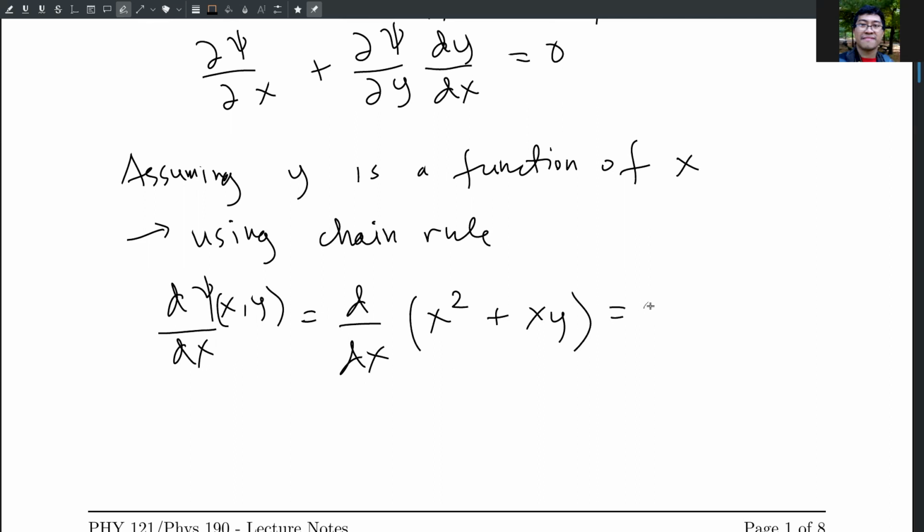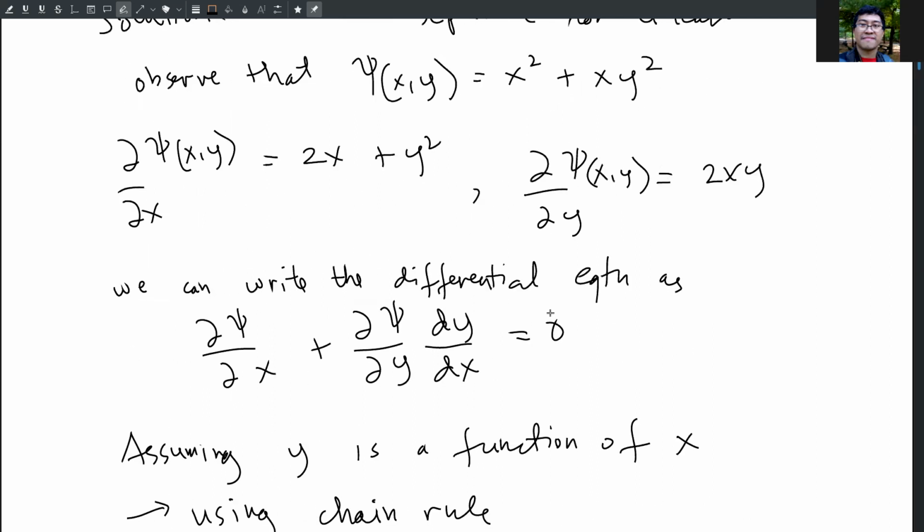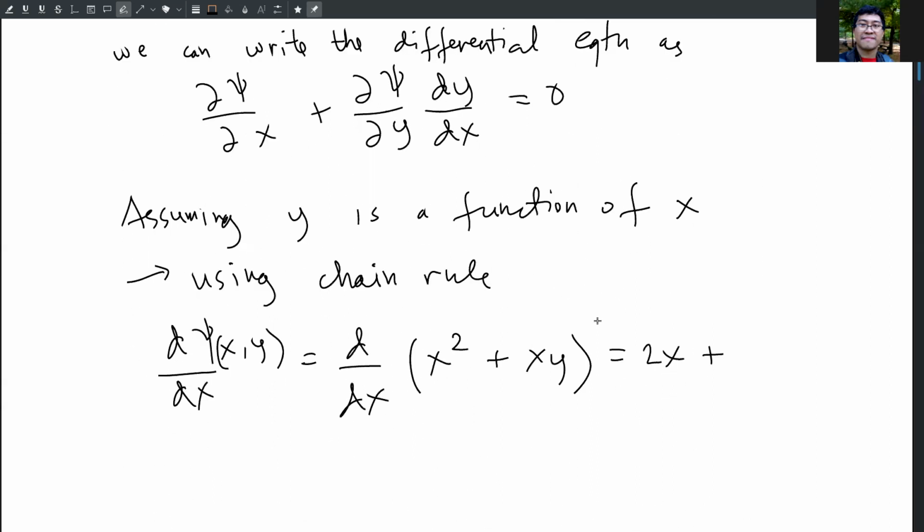We write it as 2x plus, hold on, this is x y squared. So this is y squared plus, take the derivative with respect to y, that would be 2xy dy by dx.